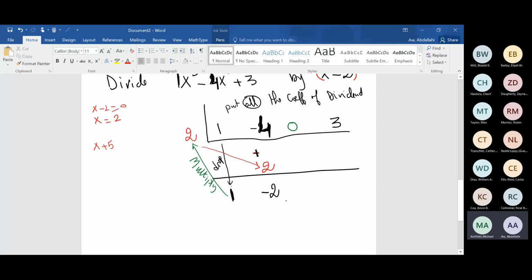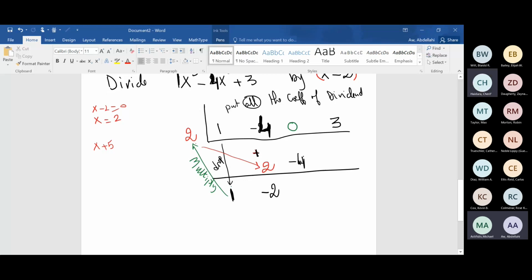And we're going to repeat the process. What is the number we're going to put here then? You do -2 times 2, which is -4.